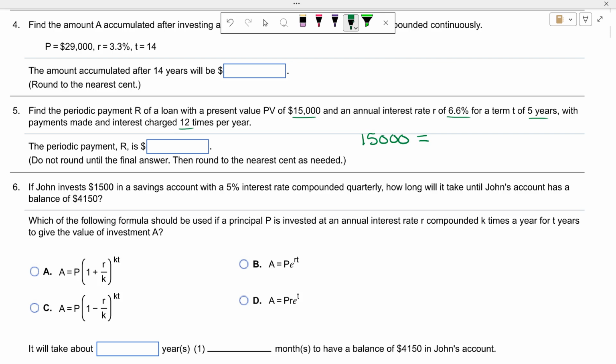Okay, so you set the $15,000 equals, and then it's 1 plus, right? Or it's 1 minus? Present value, yep. 1 minus, and there's an R here. 1 minus the interest, which is 0.066 divided by 12, because you're taking it 12 times in a year, all over... wait, is this in parentheses?